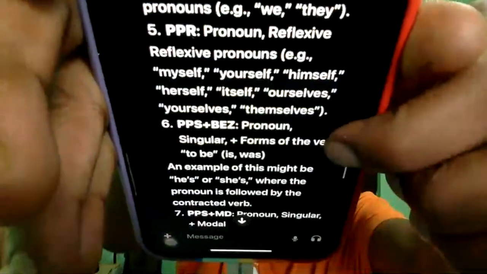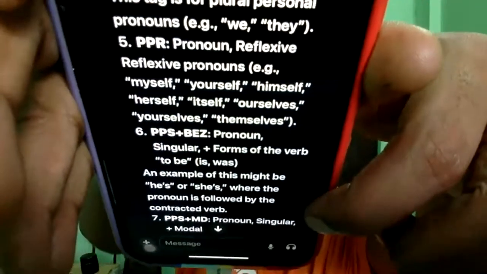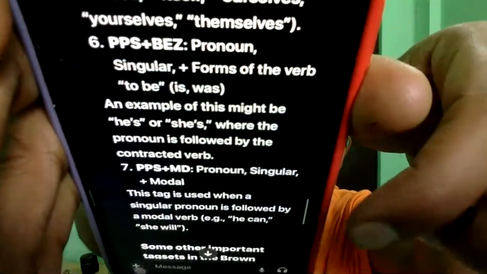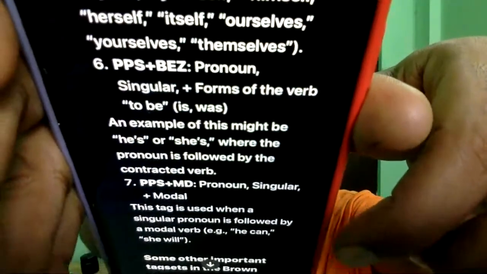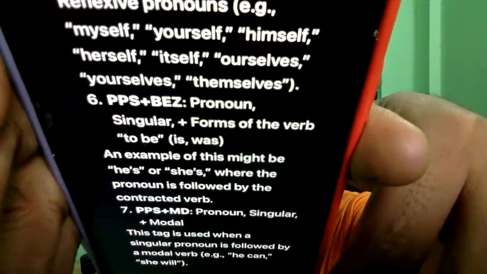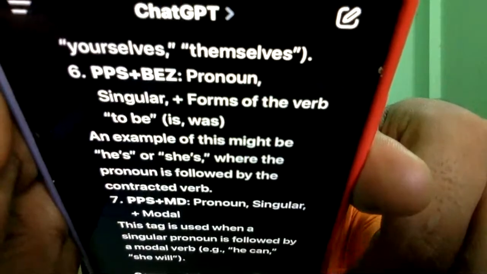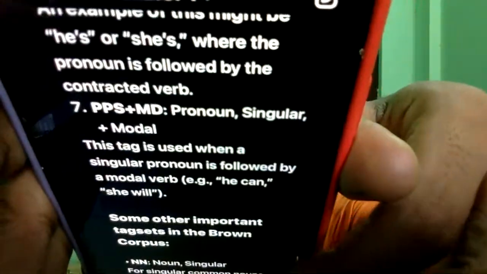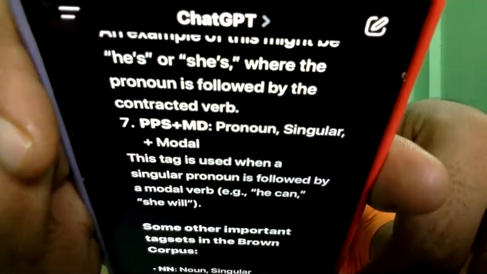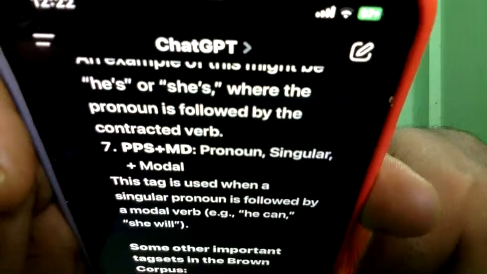PPL, pronoun reflexive, myself, yourself, himself, herself, itself. PPS+BEZ, pronoun singular, forms of the verb to be, is, was, he is, she is, where the pronoun is followed by the contracted verb. PPS+MD, pronoun singular plus modal verb, he can, she will, singular pronoun followed by a modal verb.